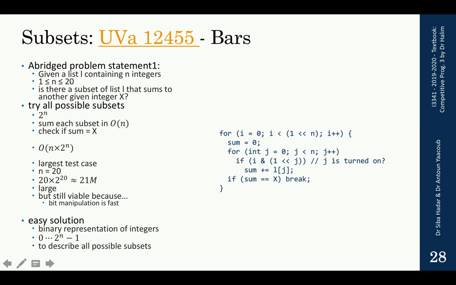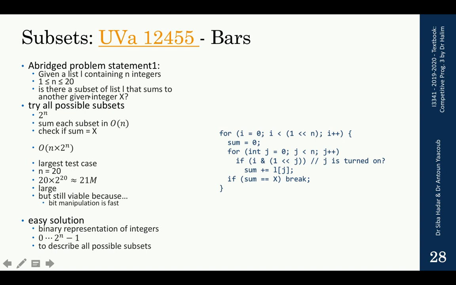How are you going to do the subsets? You are not going to enumerate them. You are going to use the binary representation of integers. So in order to represent all the possible subsets, you consider every element.